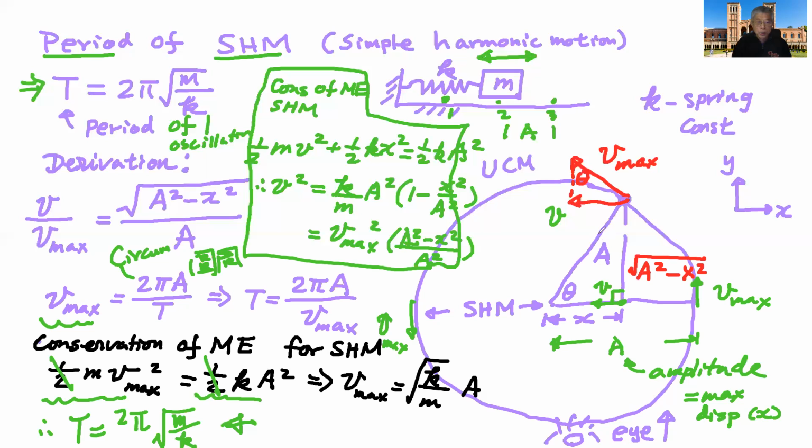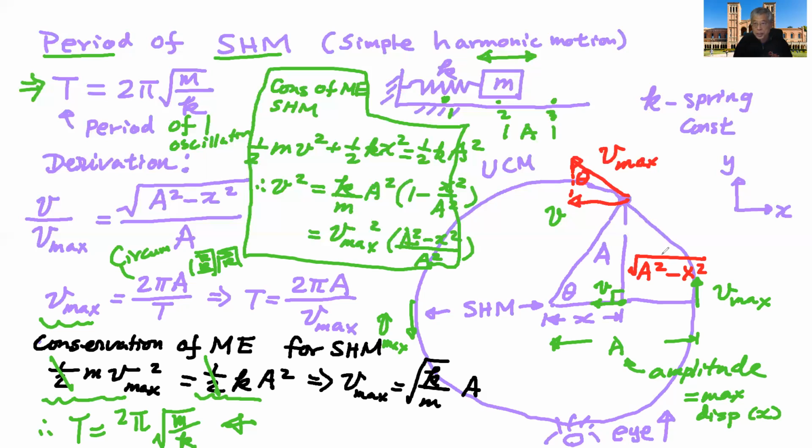But you can also get it from using this UCM SHM relationship through velocity equal to distance divided by time, and you're looking at what Vmax is, and you will see this T that you find from the UCM is the same T that you find in the SHM.